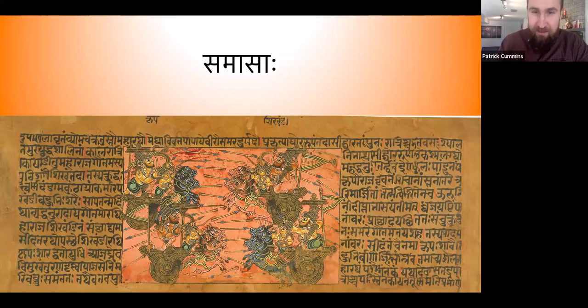Okay, great. So today we're going to talk about compounds, the Sanskrit term just being samasaha. Does anybody know, very literally, what that term means or what root, what dhatu it comes from?